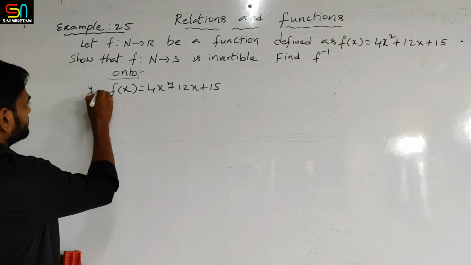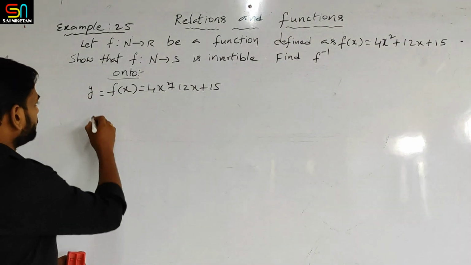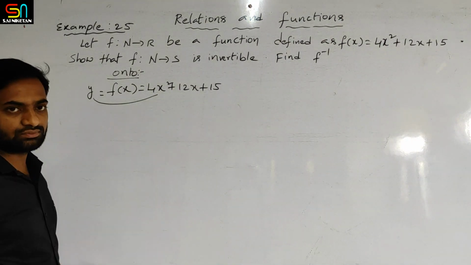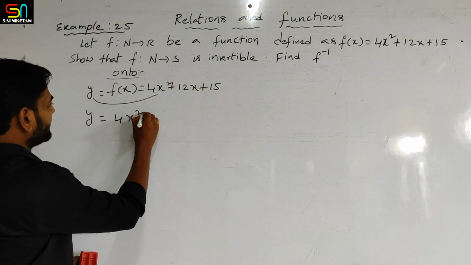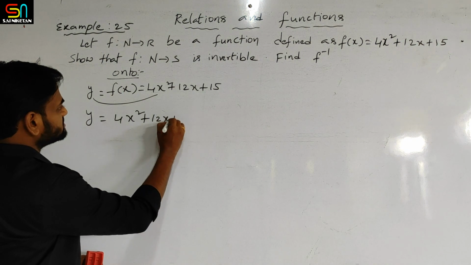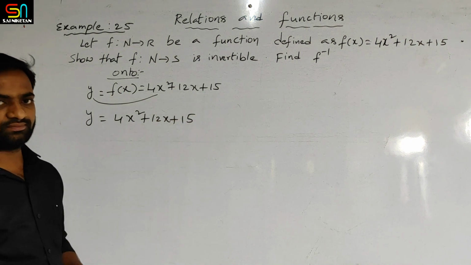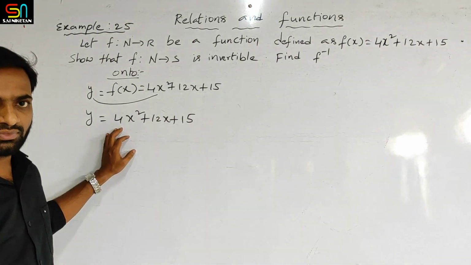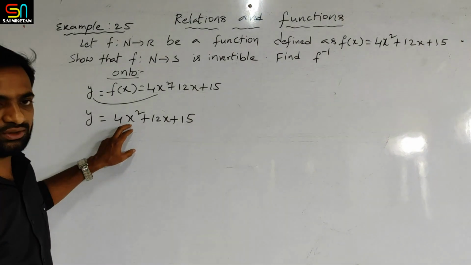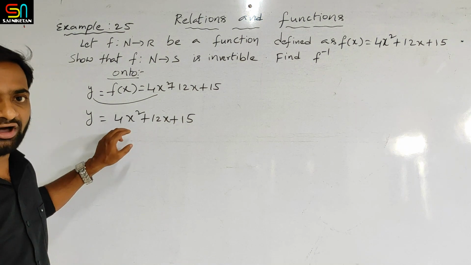Say it is y. Now equate this. That is y equal to 4x square plus 12x plus 15. From this equation, we have to find the x value in terms of y.